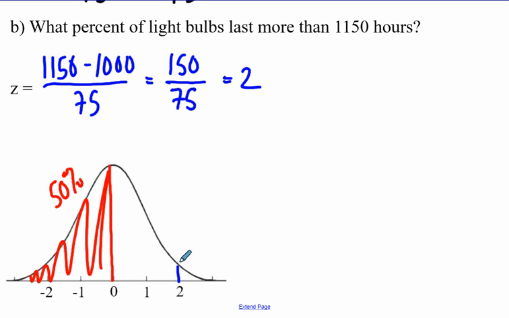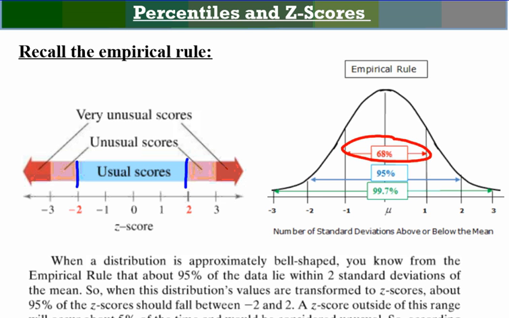Between 0 and 2, if I go back, 50% are below the mean. 95% fall between -2 and +2, which means 5% fall outside that. So for this one, I know there's 2.5% that is going to be below and 2.5% that is going to be above.